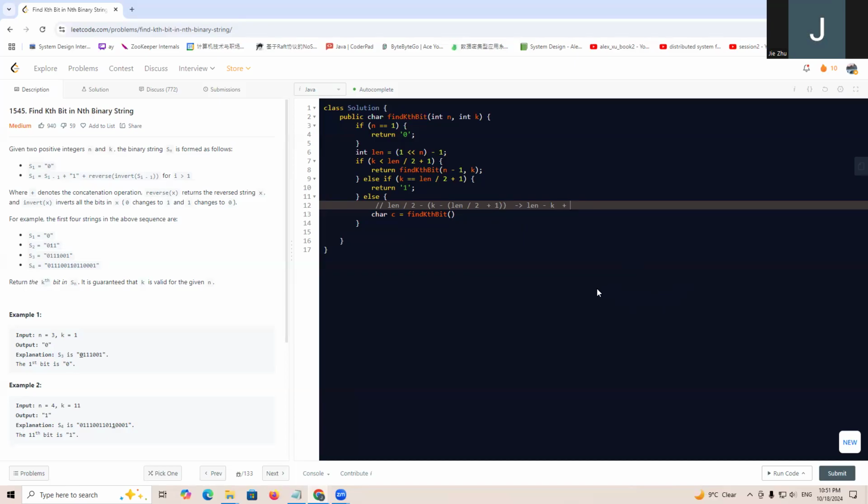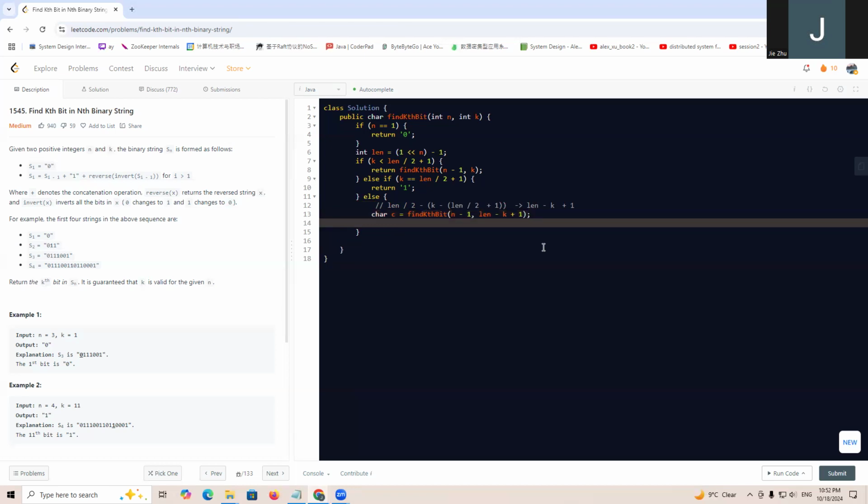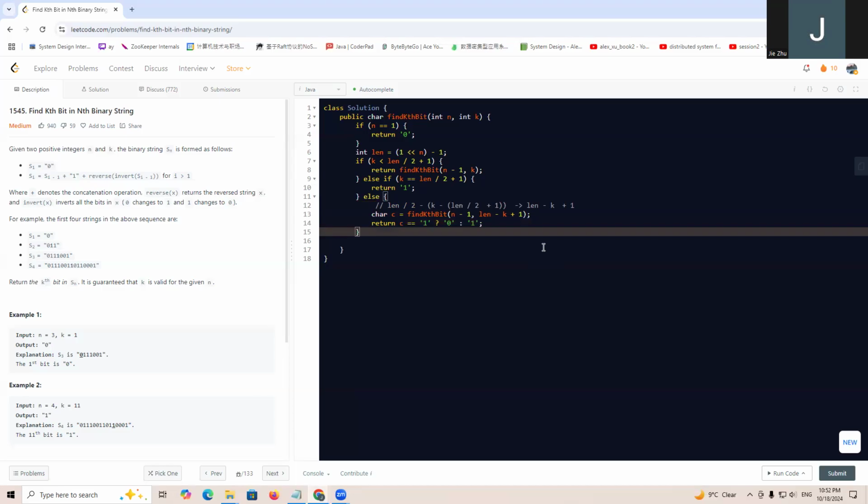Plus 1, sorry, this is plus 1, because the minus flips, so this one will be plus. So that is find in the previous round n minus 1 at length minus k plus 1. Then we return based on c, because we need to flip: if c equals 1, we return 0, otherwise 1. So this will be the code.